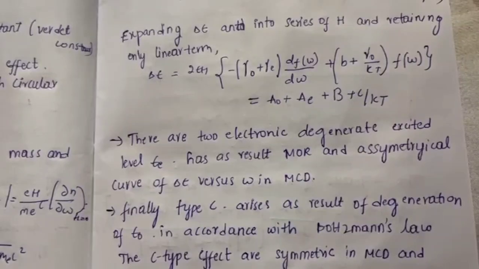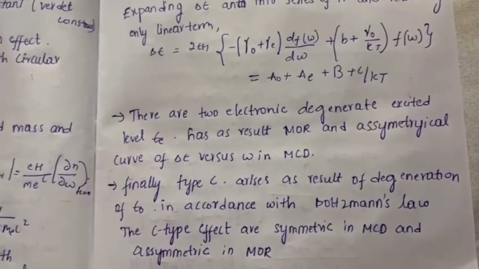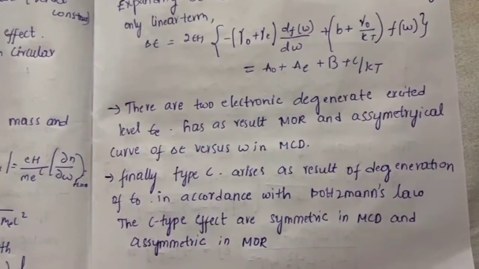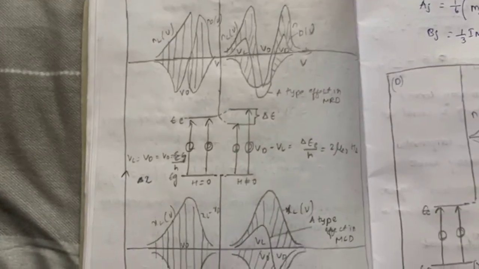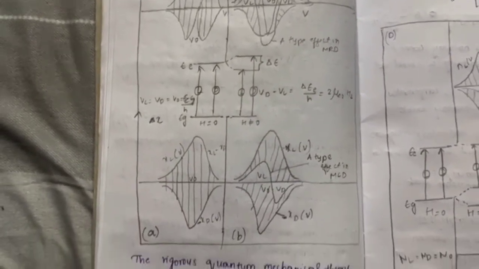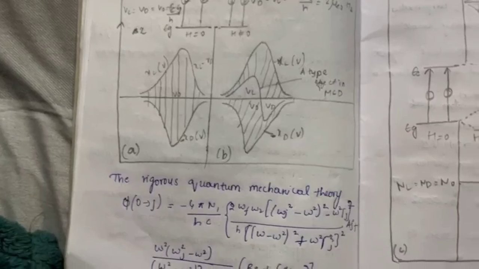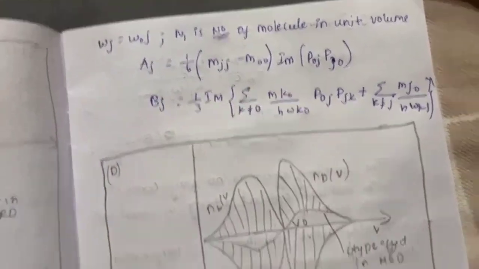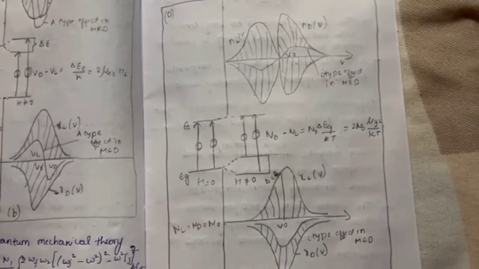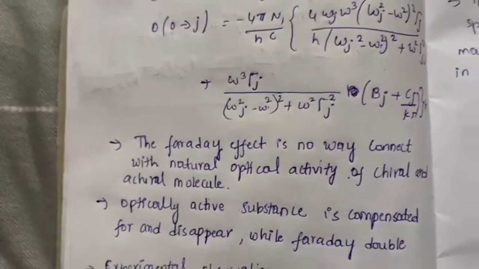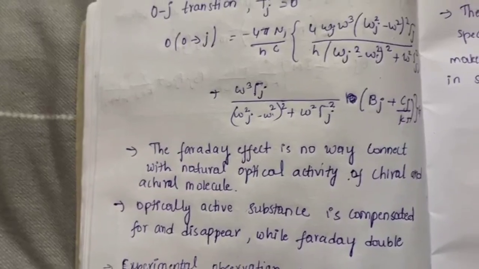In accordance with Boltzmann's law, the C type effects are asymmetric in MCD and asymmetric in MOR. So we get this graph. We can see the figure. From this figure we get these equations, this equation for asymmetric OR, and we get these equations by that graph.